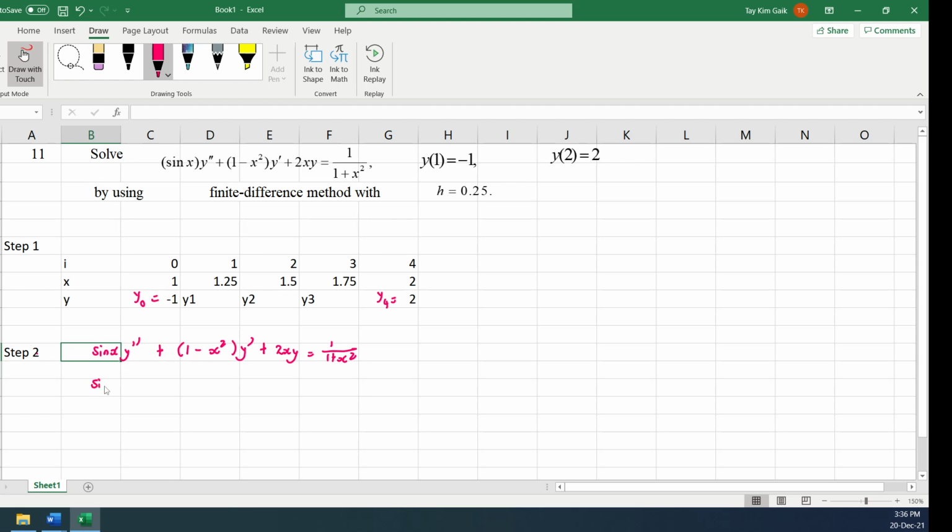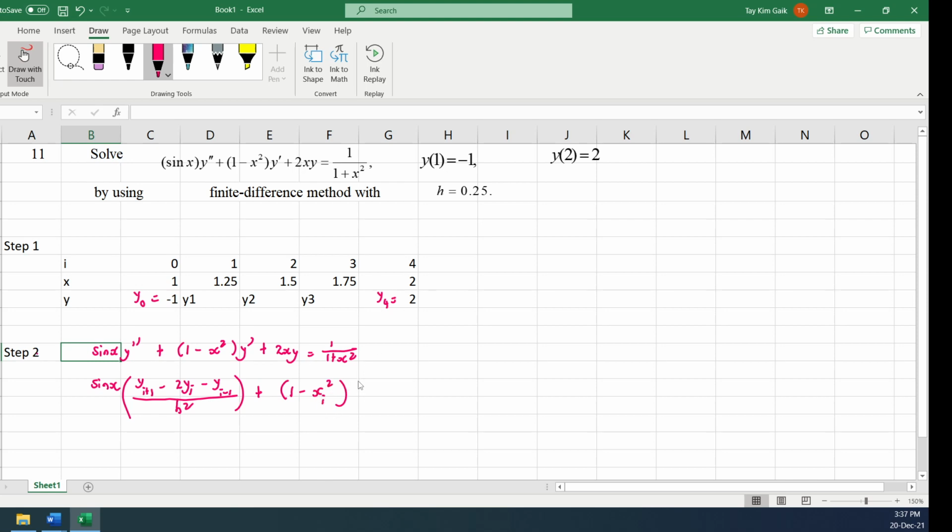You have sin x, and y double prime replaced by (yi plus 1 minus 2yi plus yi minus 1) divided by h squared, plus 1 minus xi squared, because discrete x naught, x1, x2, x3, x4, that's why this is xi squared.